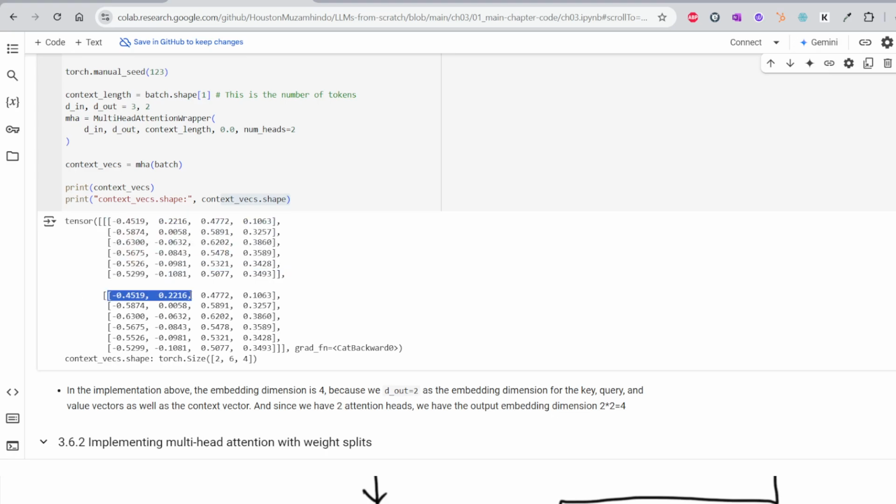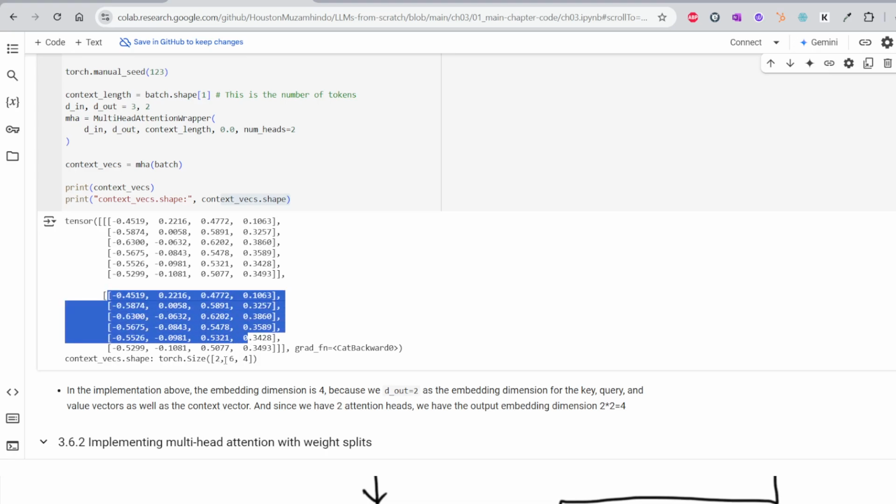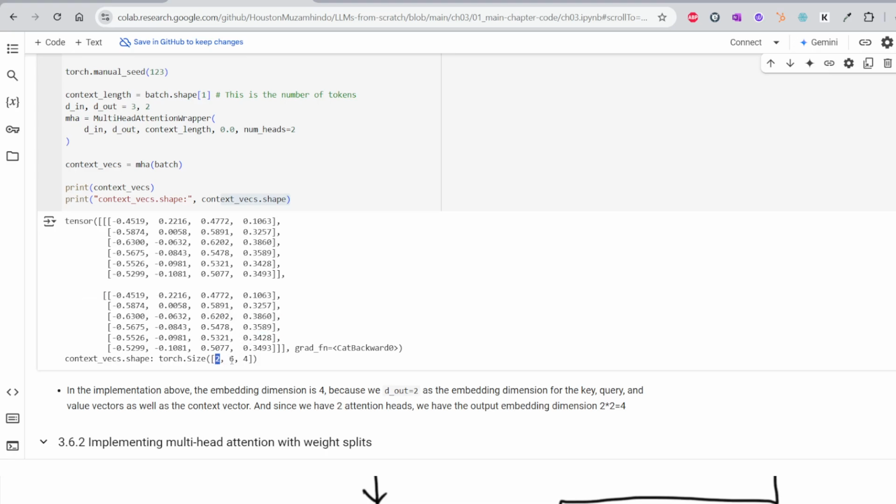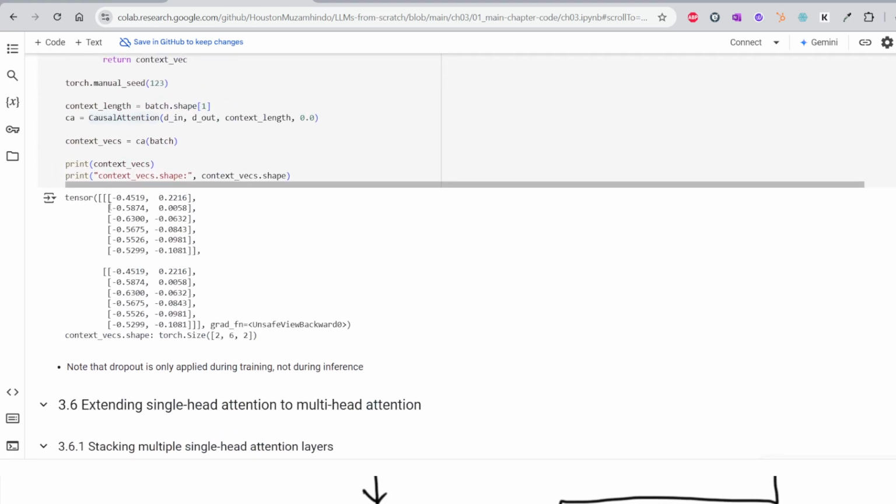This is coming from the first head, and this is coming from the second head for that first input in that batch. That's all we are doing because we have two batches that have 6 inputs each, with a dimension which is now our D out. Our D out, if we're not doing this stacking of heads, would be 2, like we had when we had a single head. A single head was having D out equal to 2 here.